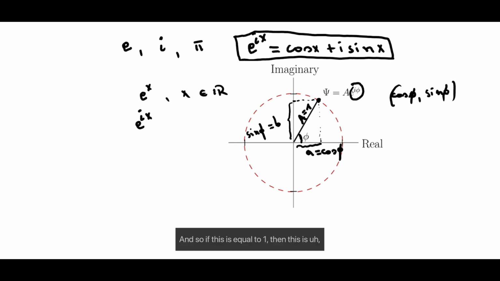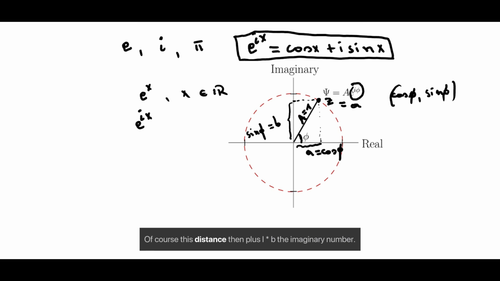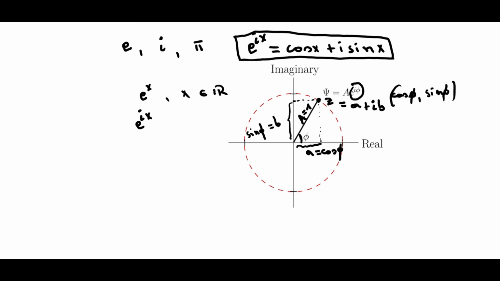So if it is equal to 1, then this complex number, let me call it z. If I go to the complex plane, this z will be equal to a, of course, this distance, plus i times b. The imaginary part is b.